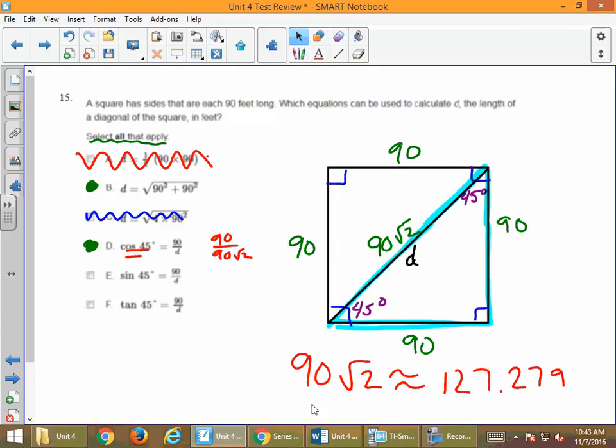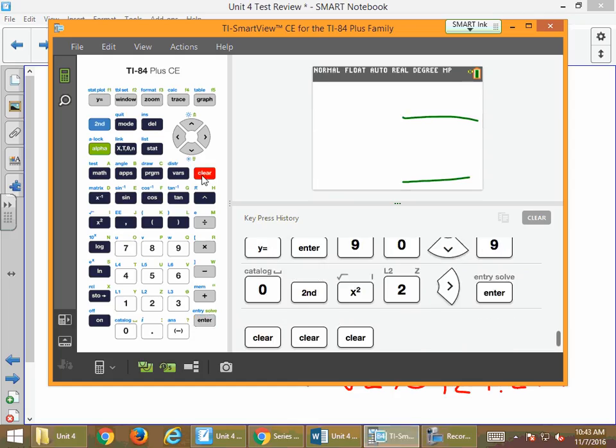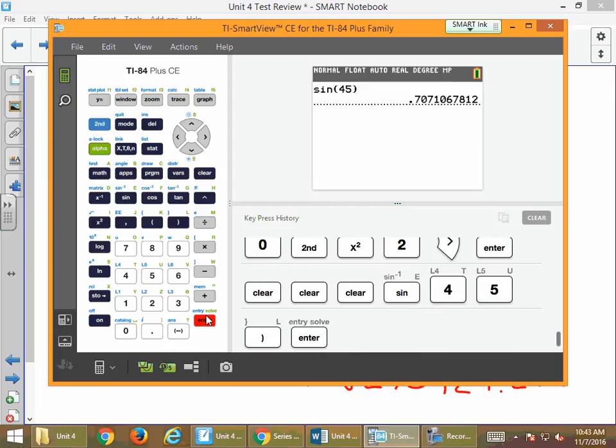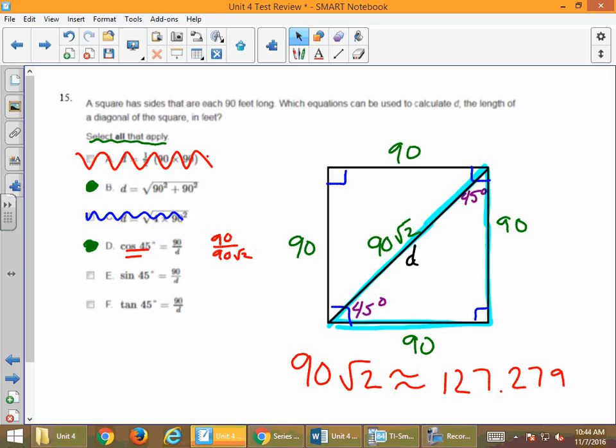You repeat the same thing with sine. In your calculator, you take the sine of 45. Did we get 0.707 on the last one? When we plug that fraction in, 90 over 90 radical 2, we got that same decimal. So we know that's also going to be a correct answer.